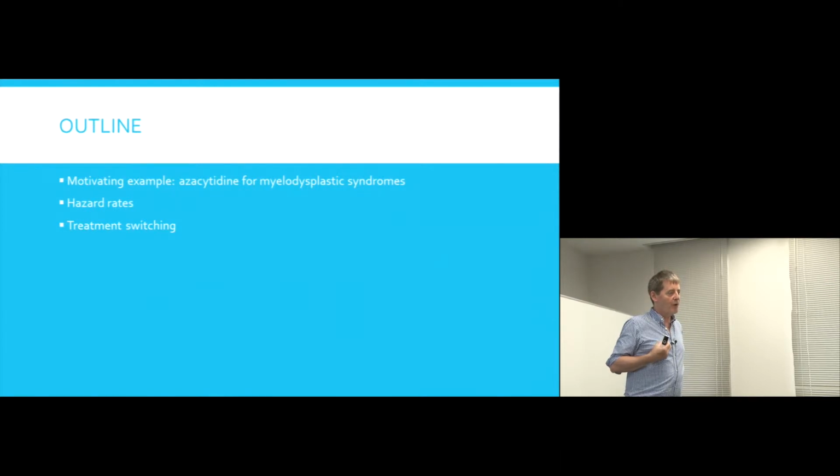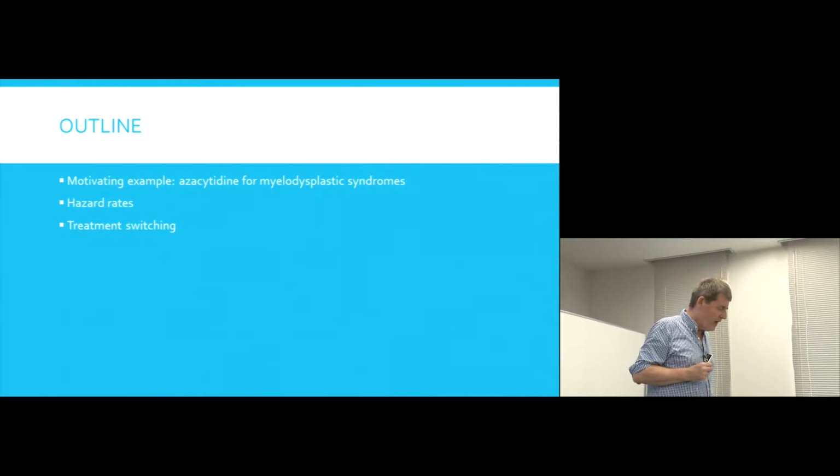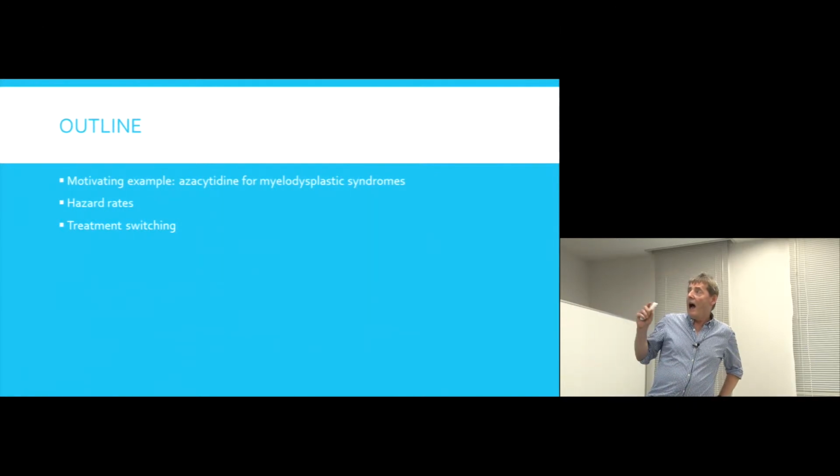And if they're misshapen, etc., they won't function so well and you have some bad health consequences. That's all we need to know about the clinical aspect of the problem. Throughout, after the example, I'll be emphasizing hazard rates. And the main hazard we're interested in usually is the hazard of dying. And I'm going to say quite a bit about treatment switching at the end.